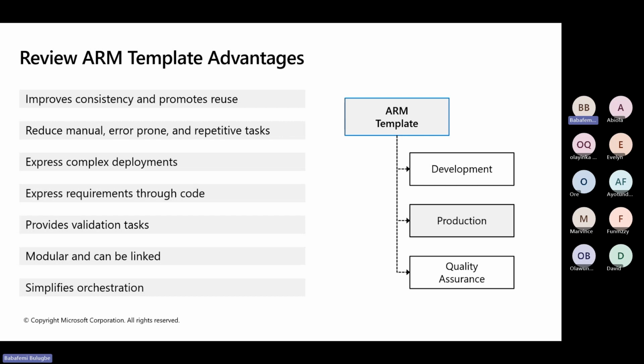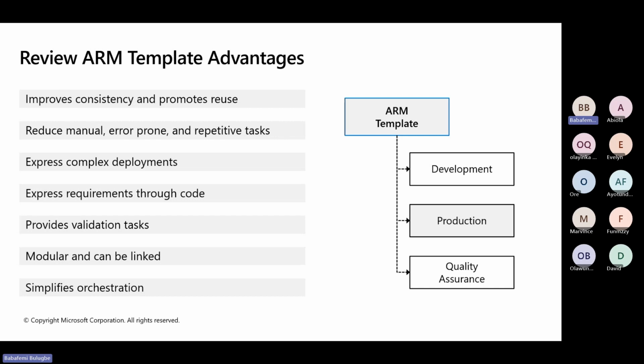When you want to create a virtual machine, you also need some other resources to be created along with that virtual machine. So you can create multiple resources at once. Like for you to be able to create a virtual machine, you need a storage, which is the hard disk. You need a VNet. All these can be created at the same time when you use ARM template.